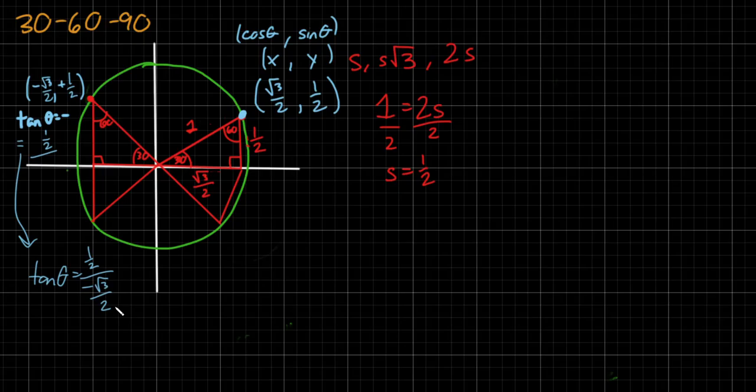Talk to your partners next to you if you need help. So it's 1/2, so that's sine over cosine.